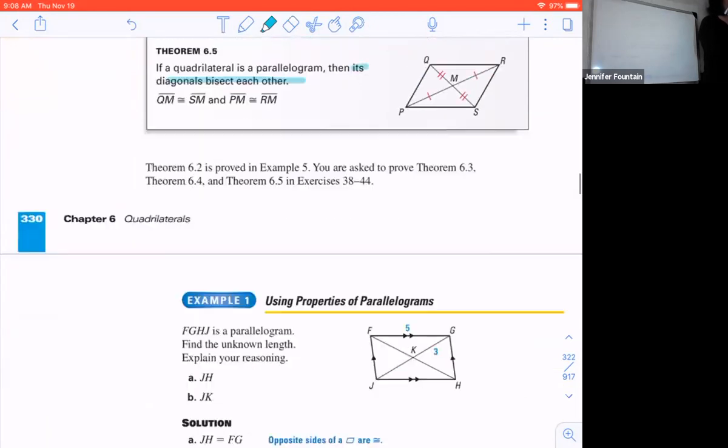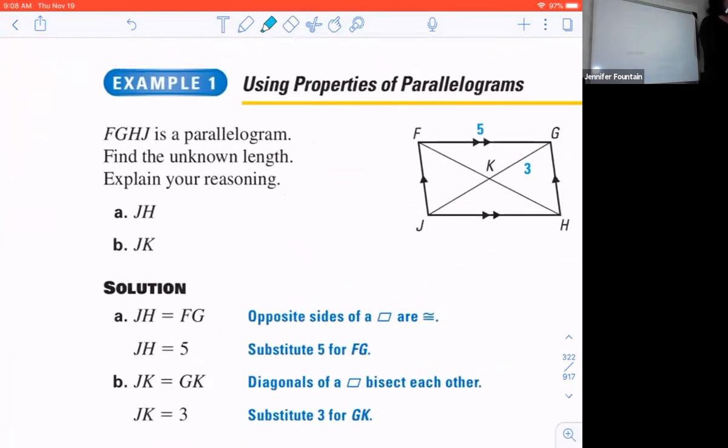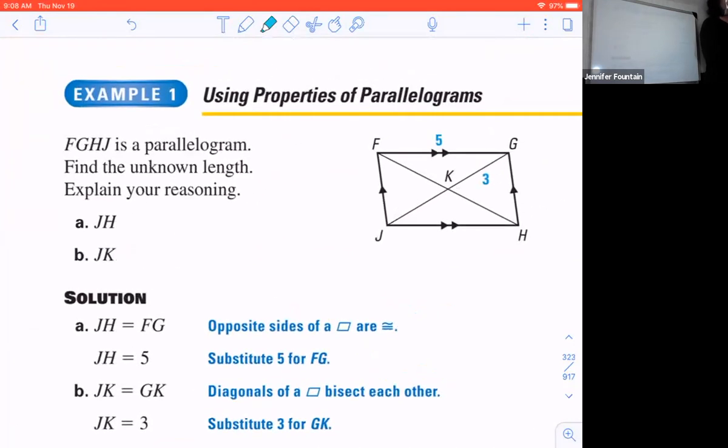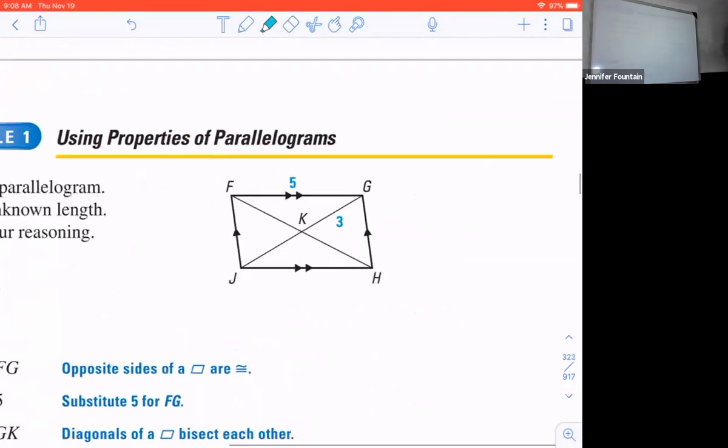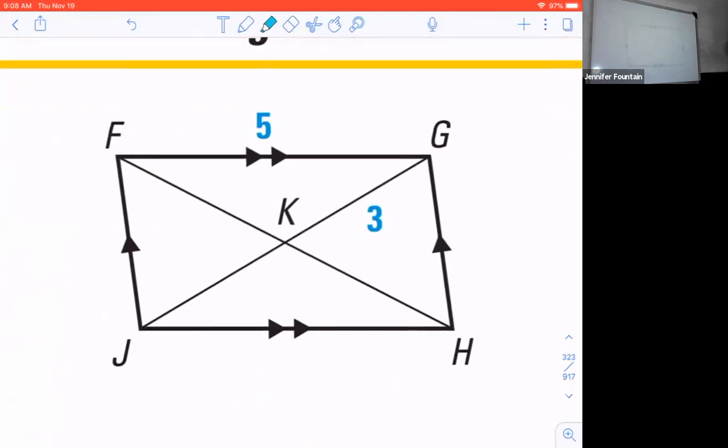All right, let's go to example 1. FGHJ is a parallelogram. Find the unknown length and explain your reasoning. We want to find the measure of JH.